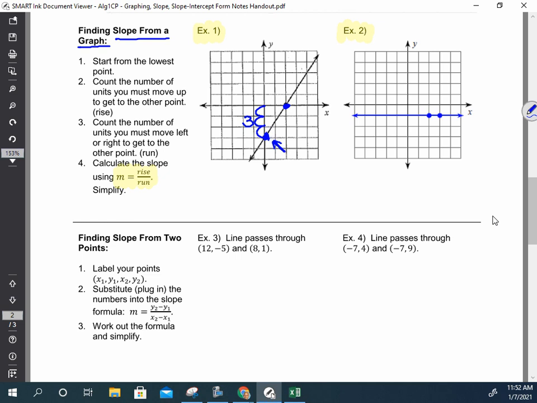Now we count the number of spaces that we have to run. So, how many spaces did I have to go to the right? Now we've got everything that we need to do our answer and do it effectively.